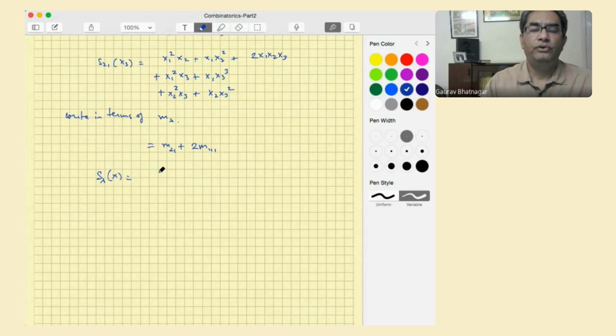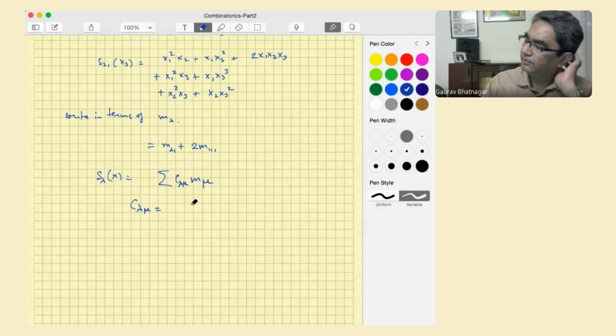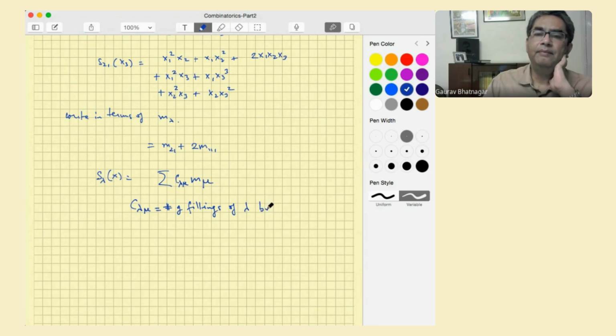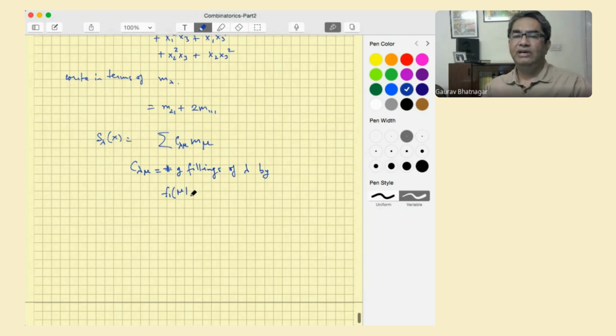In general, if you want to write it in terms of m mu, then whatever the coefficient lambda mu is, this c lambda mu is called, I think, the Kostka numbers, but anyway, it's the number of fillings of lambda by, so here you calculate the frequency of ones in mu.